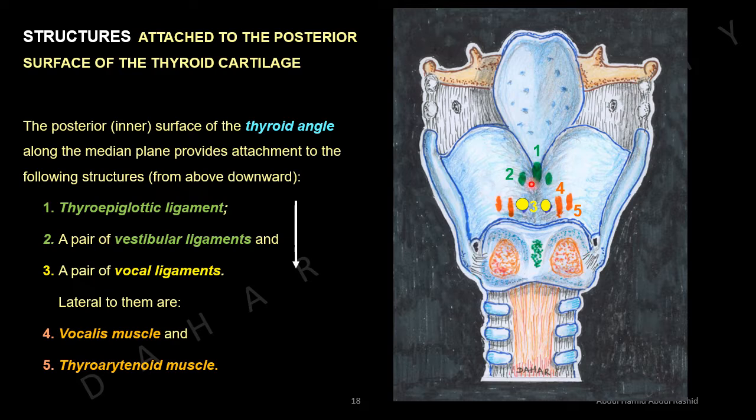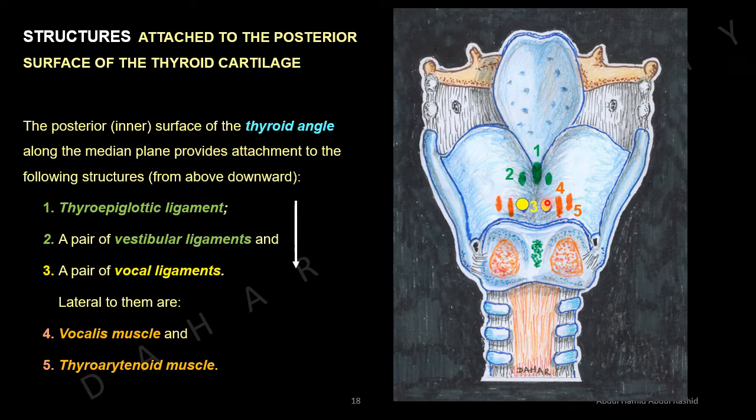Then below the vestibular fold is the vocal fold, and there are the vocal ligaments here. So they are coming from above. Down here is the thyroepiglottic ligament. You have the vestibular ligament and vocal ligaments here.